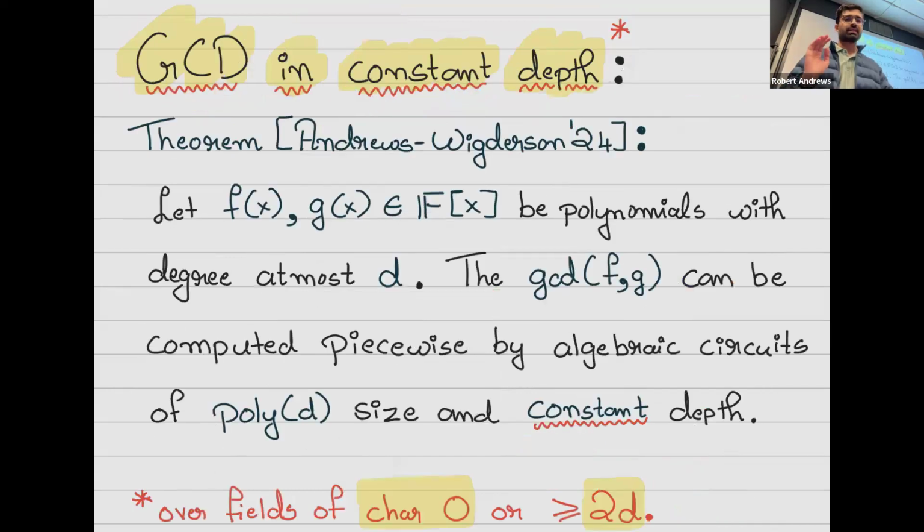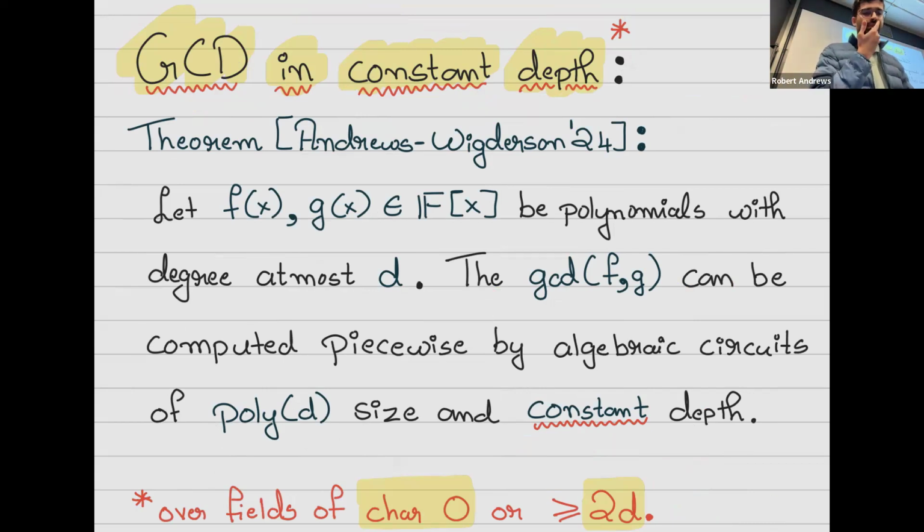Okay. So maybe now I'll go towards what our result here is. Andrews-Wigderson's result is true over fields of characteristic 0 or greater than d. This last point is the star.